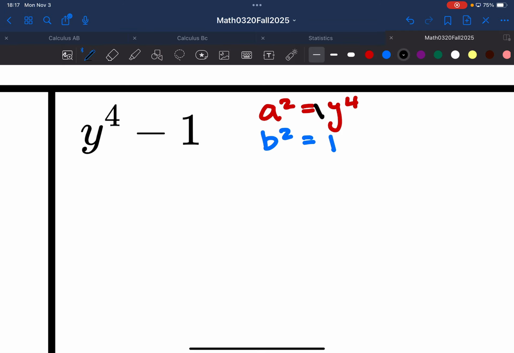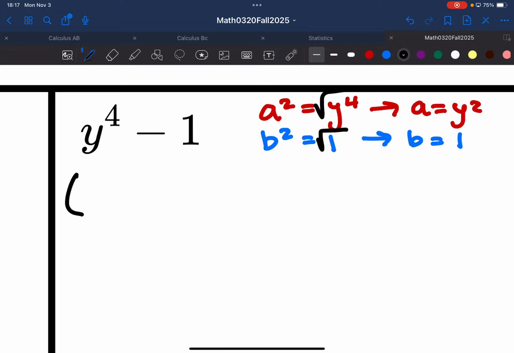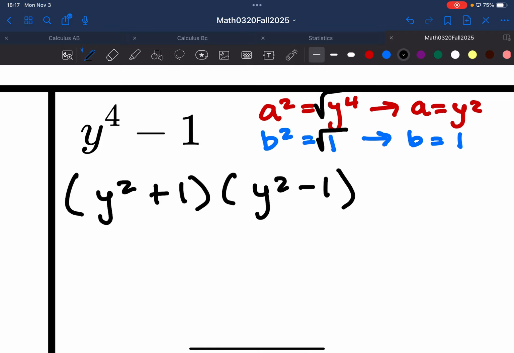So then we take the square root of both, so a is equal to y squared, and b is equal to 1. Okay, so what would my first parenthesis look like? Y squared plus 1, and then my next one? Y squared minus 1.